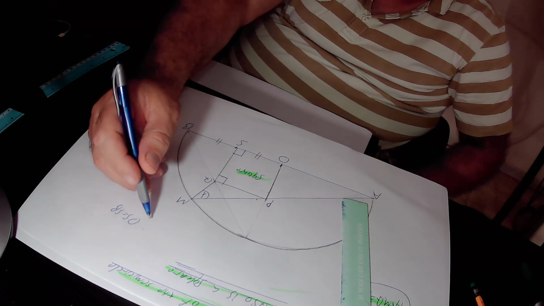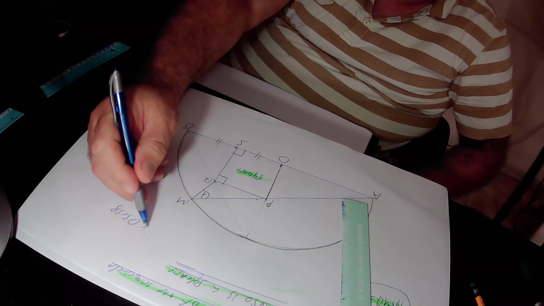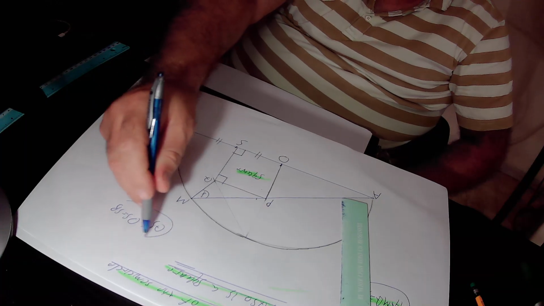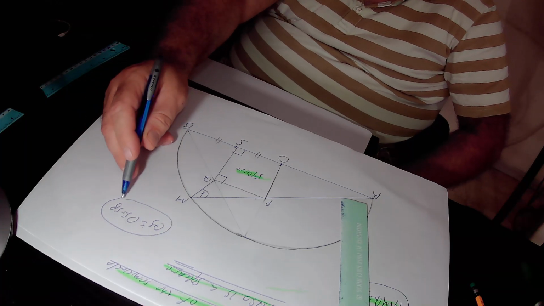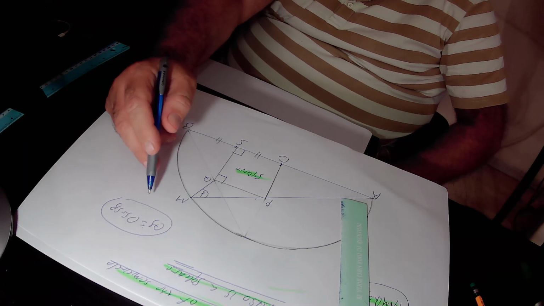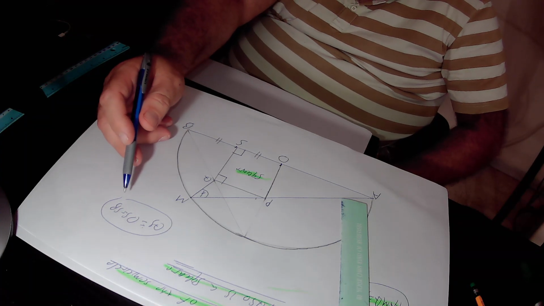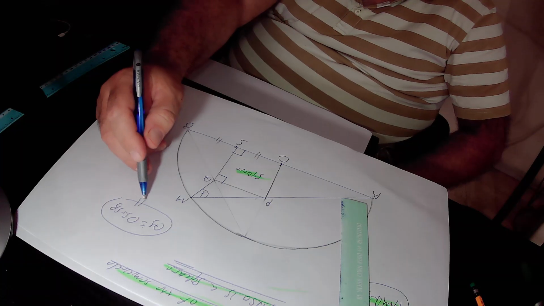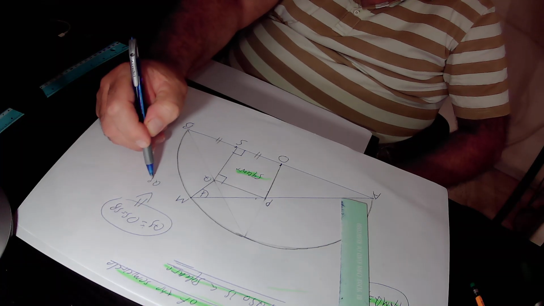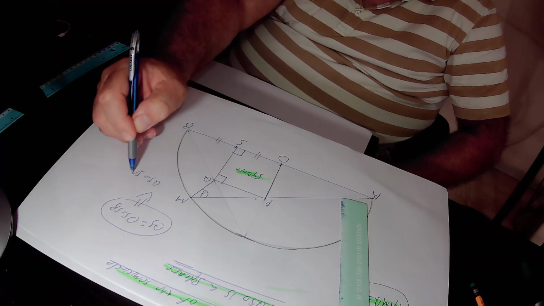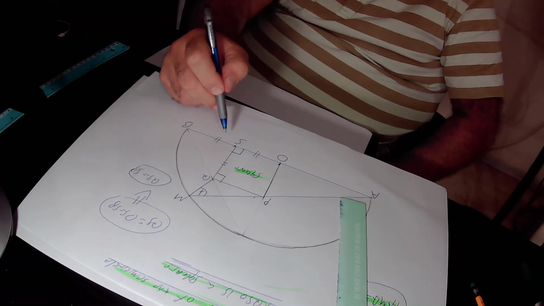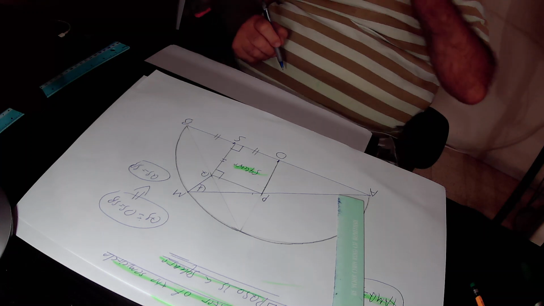But according to what is given in the question, OS also equals SB. And from this, QS equals OS equals SB. We derive that QS equals SB. So side QS equals side SB.